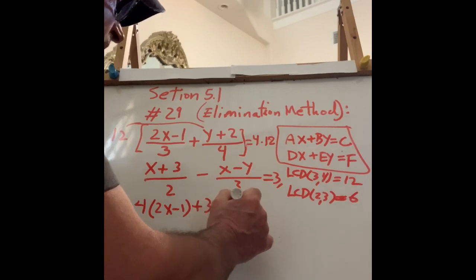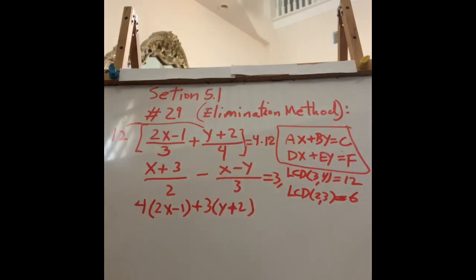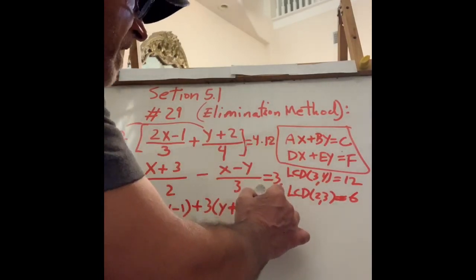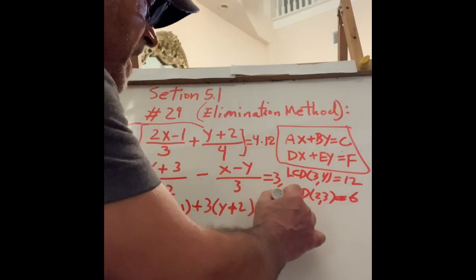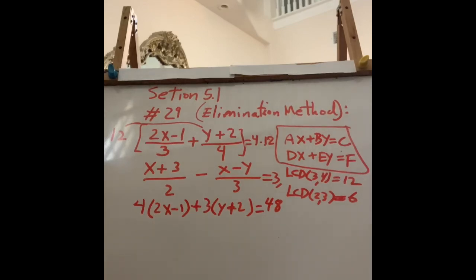That way, later you don't forget to distribute the 3 onto both terms, not just the first term. That's why I also put the top two terms inside the parentheses, because that has to be distributed by both your terms. And on the right-hand side, 4 times 12 becomes 48. So this is what our first equation will look like after we eliminate the fractions.